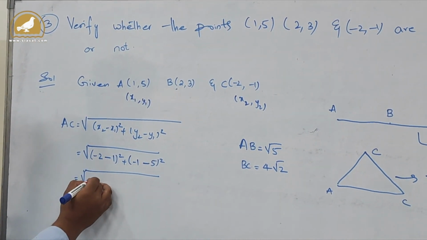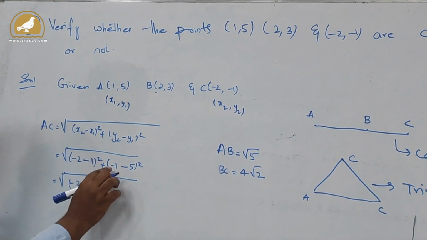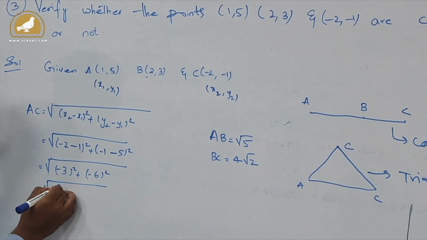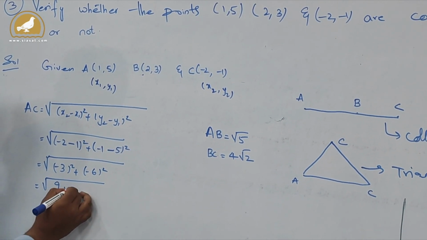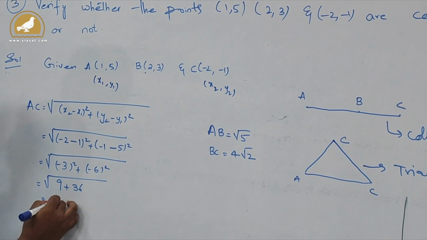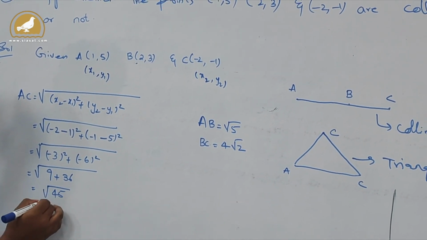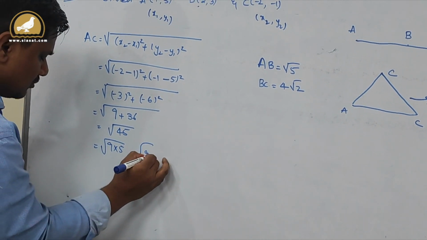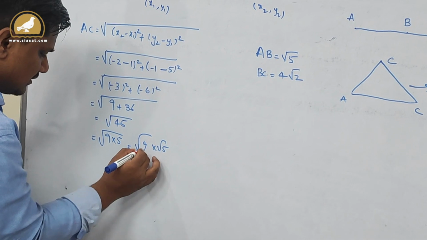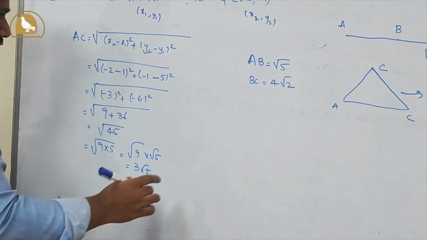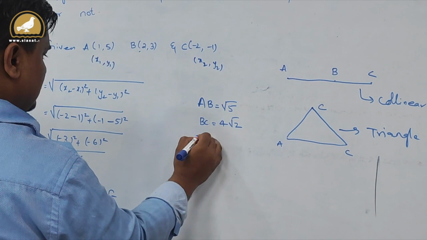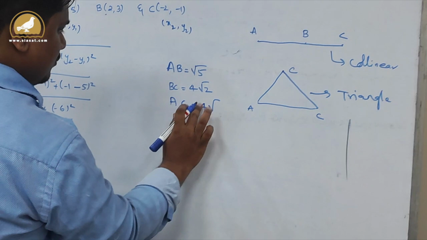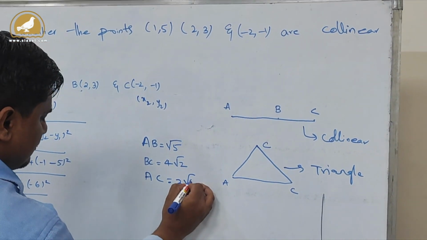Minus 2 minus 1 is minus 3, and minus 1 minus 5 is minus 6. 3 square is 9, 6 square is 36. That will be 45. This 45 can be written as 9 into 5, so root 9 into root 5, which is 3 root 5. So we got the value of AC as 3 root 5.